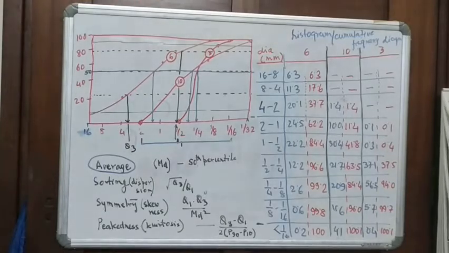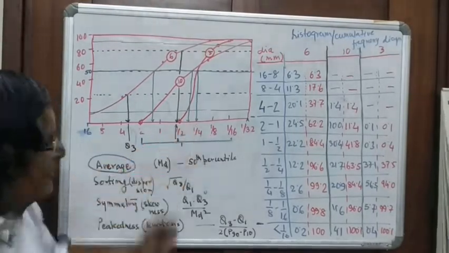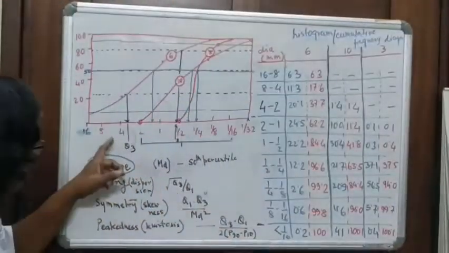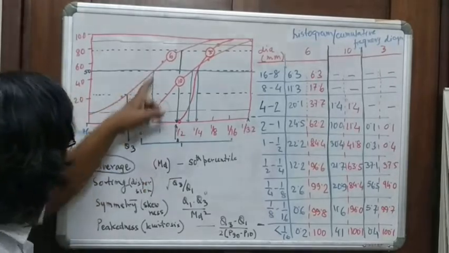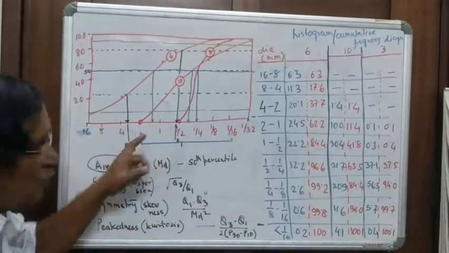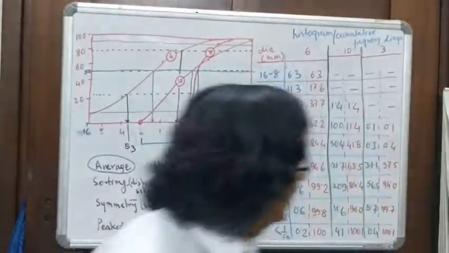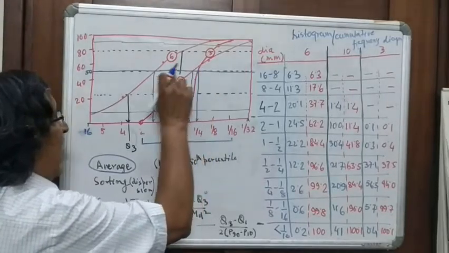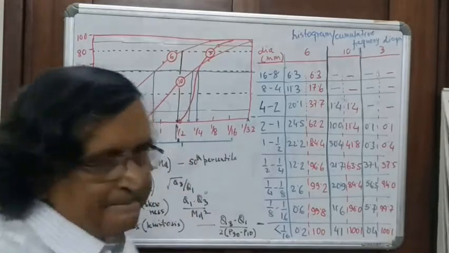So you can see on an average, 3 is finer sand and 6 is floating between 2 and 1, it's coarser. So immediately you see that 3 is finer sand and 6 is coarser sand, 10 is close to 3.